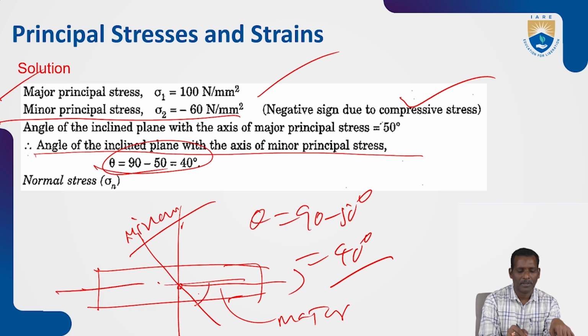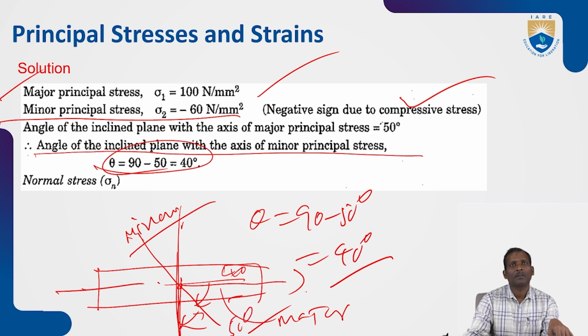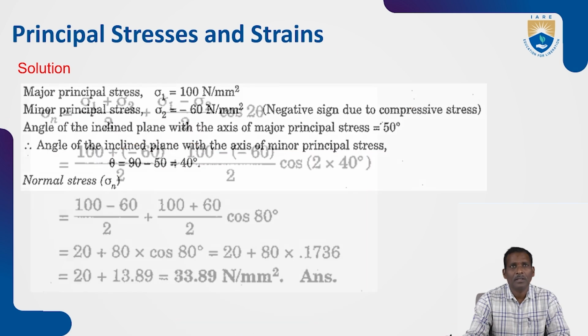So 40 with the major axis, this is 50. So 90 minus 40. Like this you need to calculate.